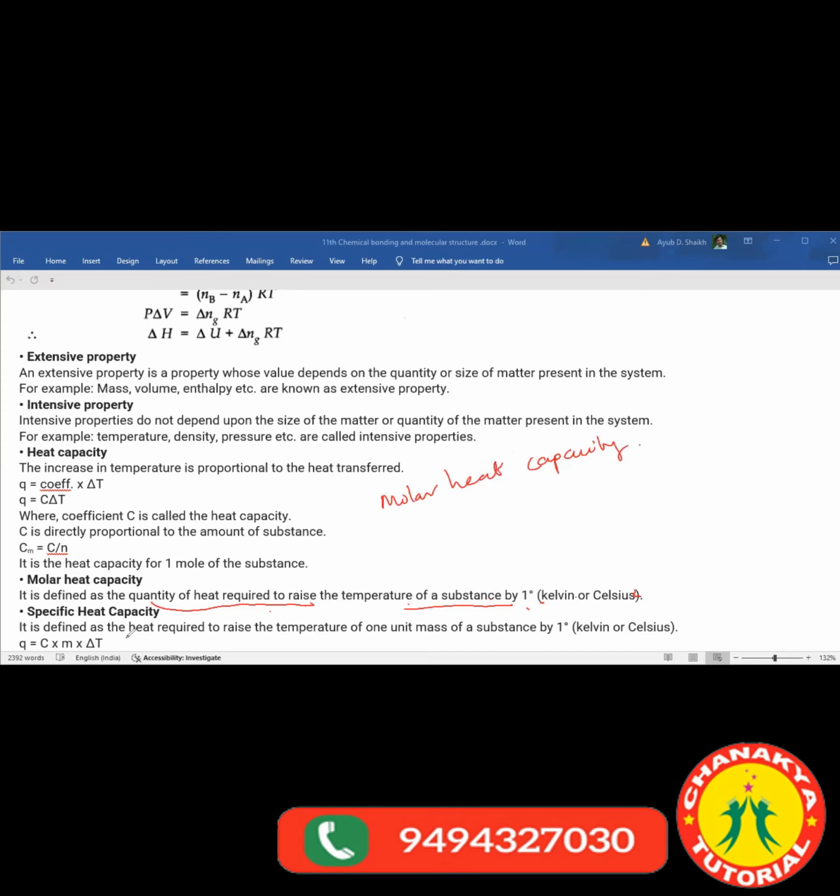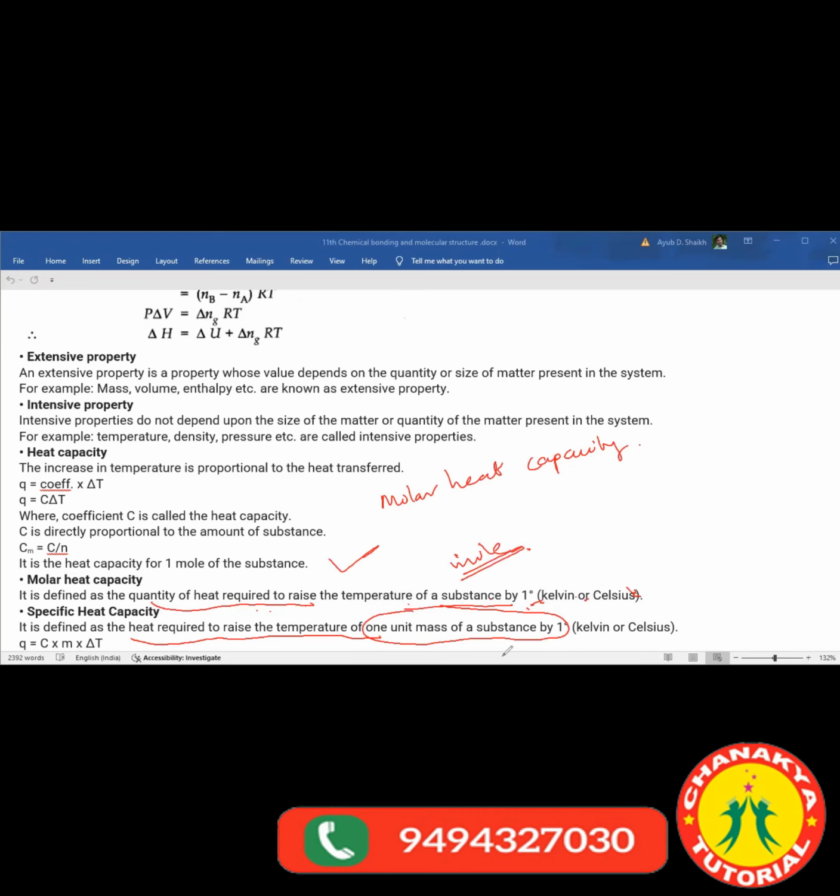And the specific heat capacity is defined as the amount of heat required to raise the temperature of 1 unit mass of a substance by 1 degree. For the molar heat capacity, they have not given how many units, so here you have to consider 1 mole of the substance. If you raise its temperature by 1 degree, either Kelvin or Celsius, that would be the molar heat capacity.